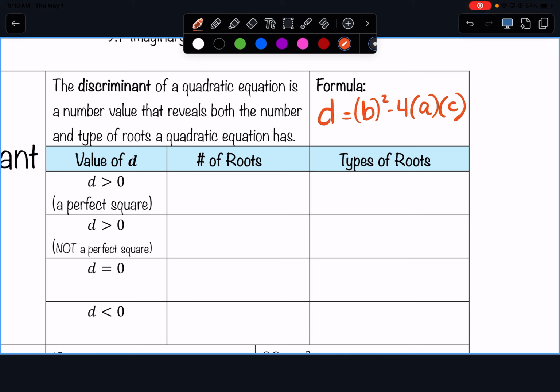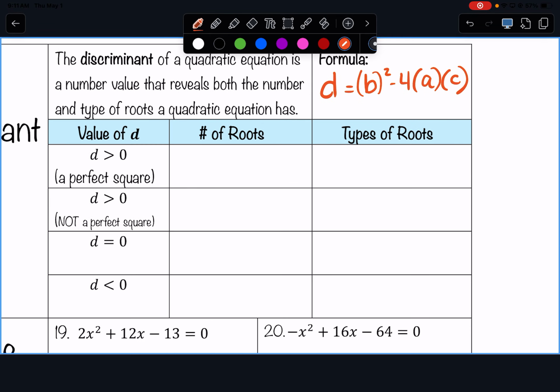If you look over here at our quadratic formula, our discriminant is the part that is inside the square root. The part inside the square root tells us how many and what type of solutions we're going to have. When the discriminant is greater than 0, anytime it's a positive number, we're going to have two solutions and they are going to be real.